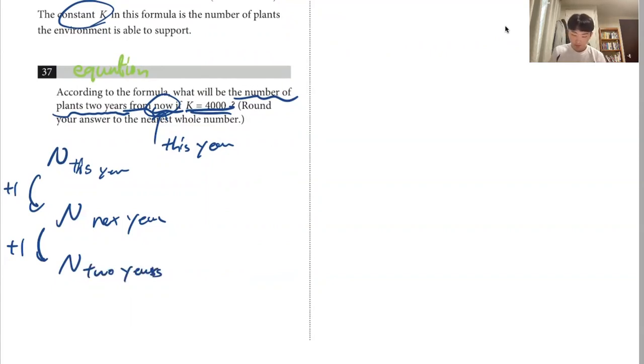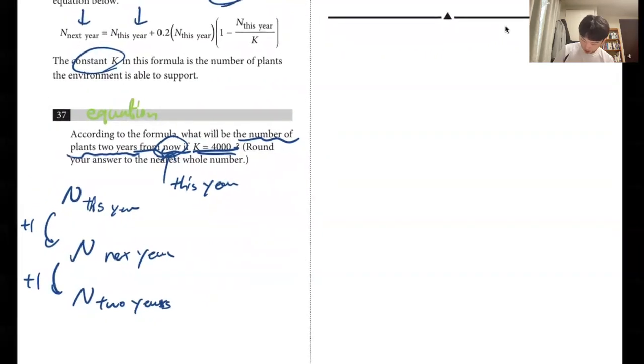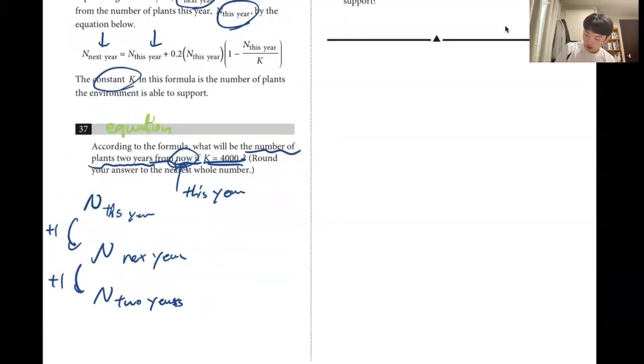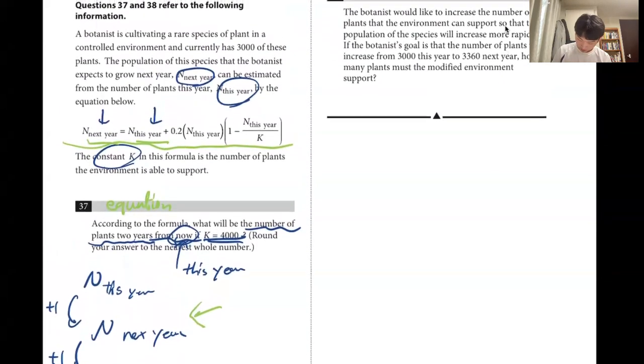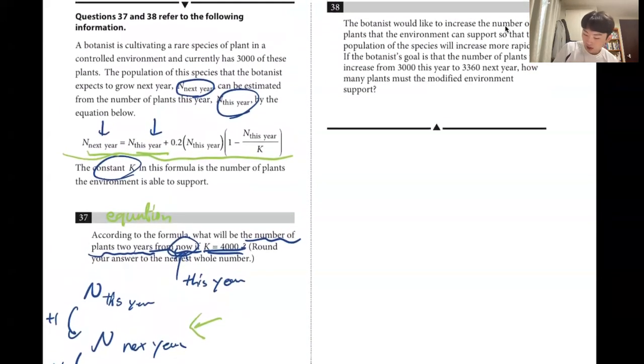Okay, so let's see. We know that there's an equation here. For this situation, the equation is exactly the same, because this is the next year and this is this year. And the question said it currently has 3,000 of these plants.